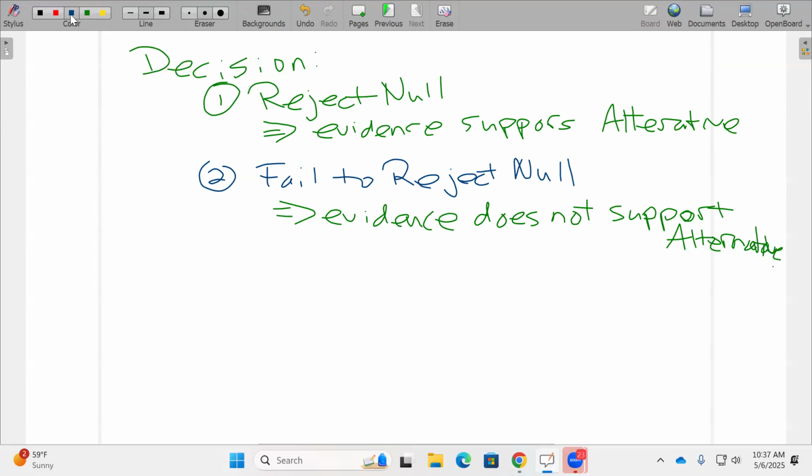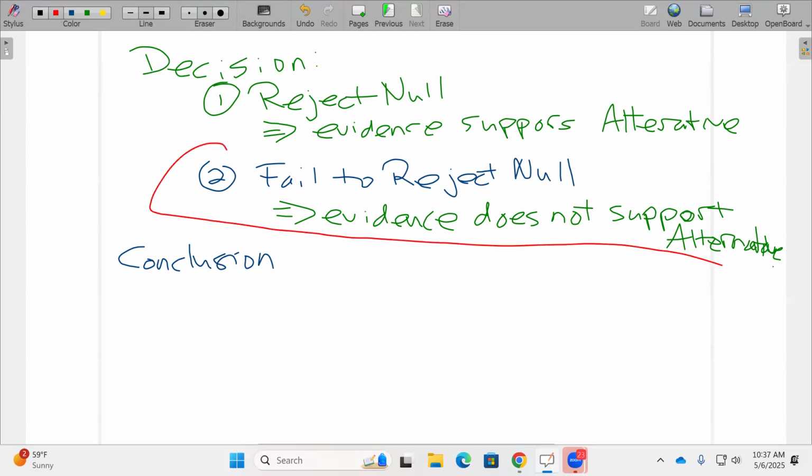And then to write the conclusion, we have to take into account the p-value, the decision, and whatever the parameter means. So in this case, the evidence does not support our alternative hypothesis that they're different; they are close enough to be the same.